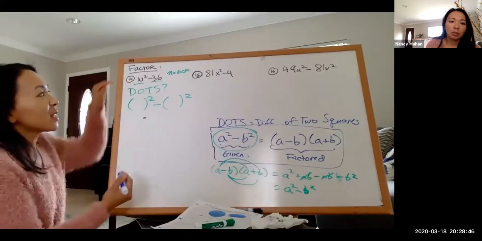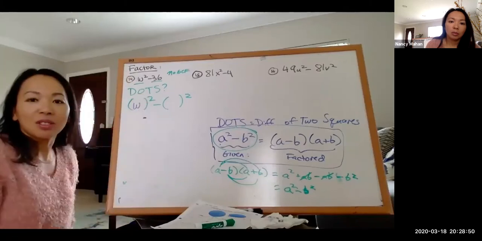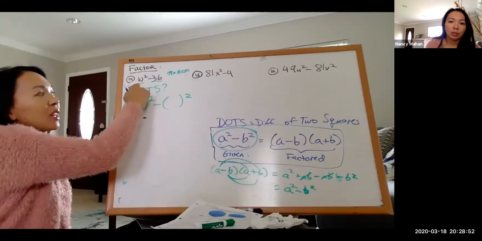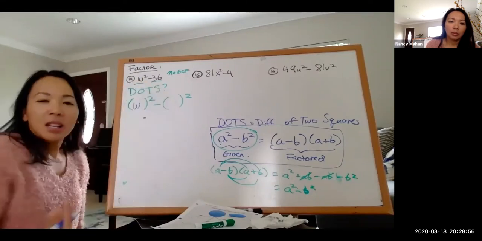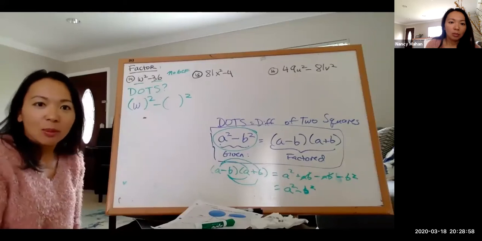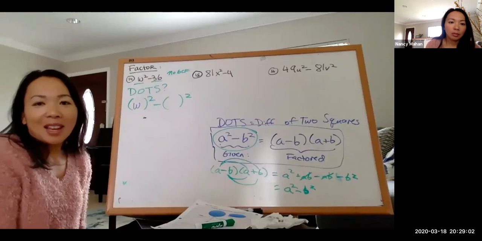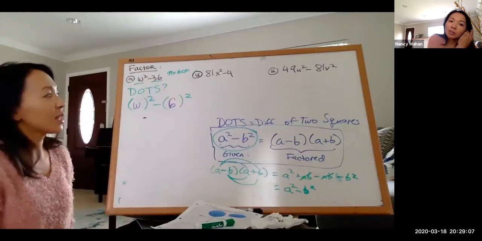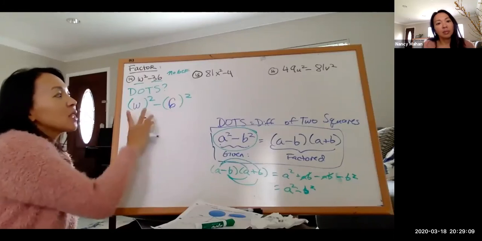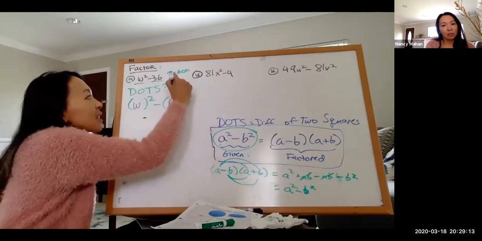The answer is yes. W is being squared to give me W squared. Minus 36, is 36 a squared term? Is something being squared to give me 36? The answer is yes, it is the number 6. 6 squared gives me 36. So since it meets this criteria, yes, it is a DOTS.